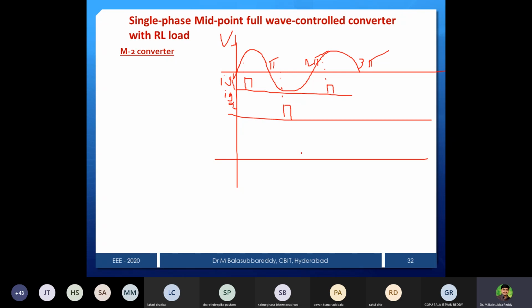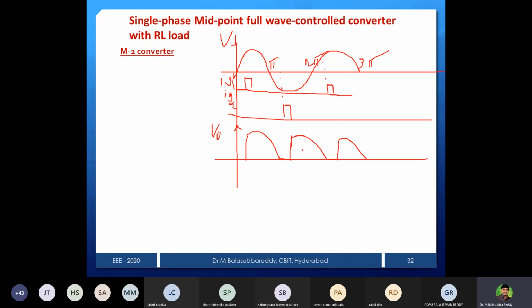Now we'll see if it is a resistive load. I will make it like this. At pi plus alpha, the next thyristor is conducting, and then at 2 pi plus alpha, the next cycle is going to repeat. That's all. So this is the case of output voltage for R load.